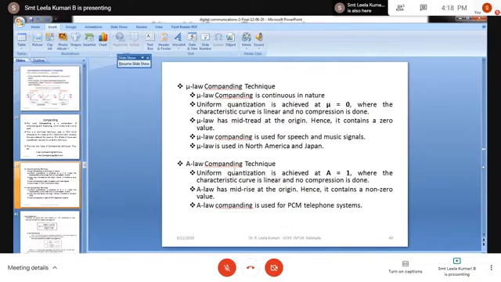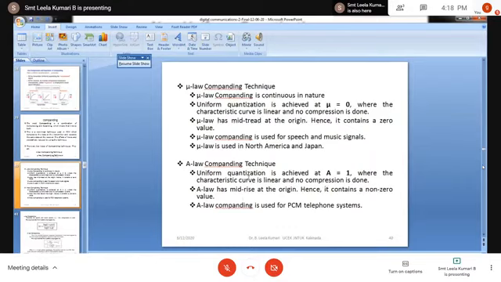Coming to A-law compounding, here also the compressor characteristic is piecewise linear segments for low input levels and logarithmic segments for high input levels. Uniform quantization is achieved at A equals 1, where the characteristic curve is linear and no compression is done.